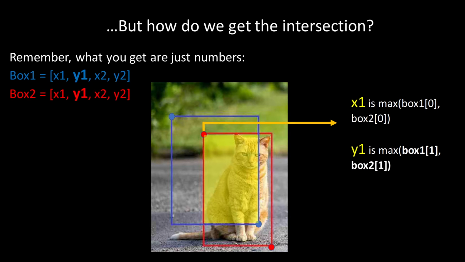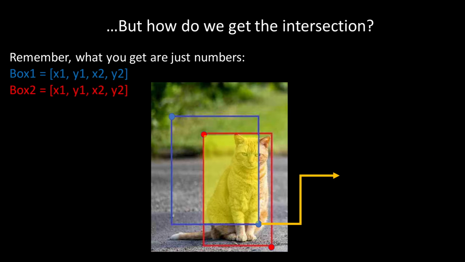And also y1 we calculate by taking the maximum of the y1 values of the top left corner points. So again, we can see that this is also the red point because it is further down than the blue top left corner point. And again, this is also what we see, right? The top left of the yellow region is exactly the red point.